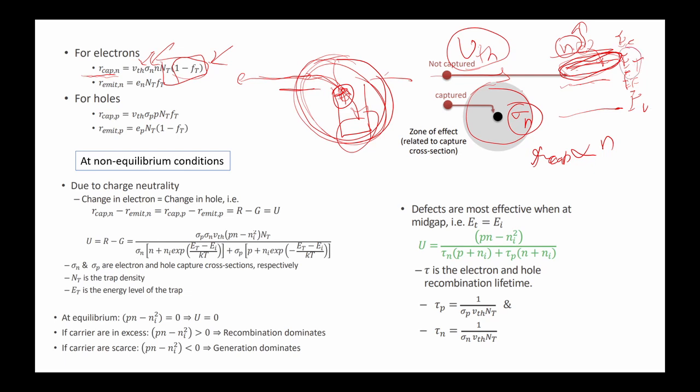If the state is already filled, the electron cannot occupy it. So we need this state to be empty.